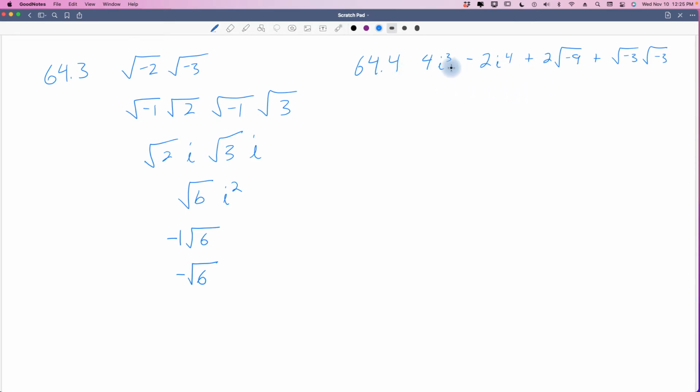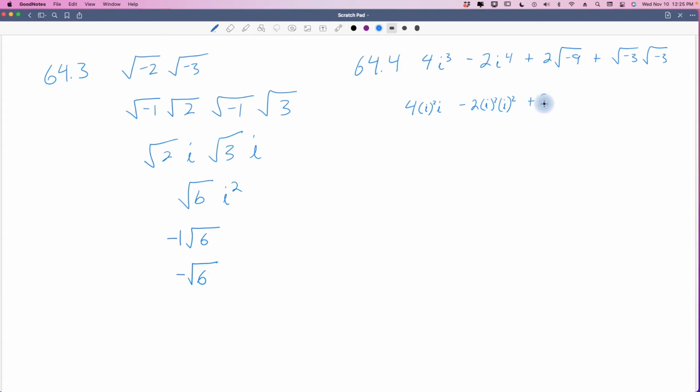The first step, we're going to simplify these i's. So let's do that. So we have 4 and we have 3 i's. So we're going to put 2 of these i's together and leave 1 by itself. Same thing here. We have 4 i's, so we're going to do i squared and i squared.